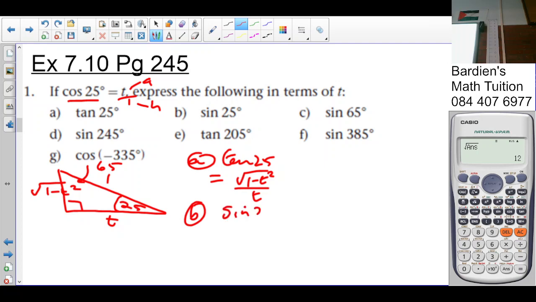Sine of 25. Sine is opposite over hypotenuse. So the square root of 1 minus t squared over 1 is the square root of 1 minus t squared. You all know how we got that, no? Yes. I explained how I got the square root of 1 minus t squared.